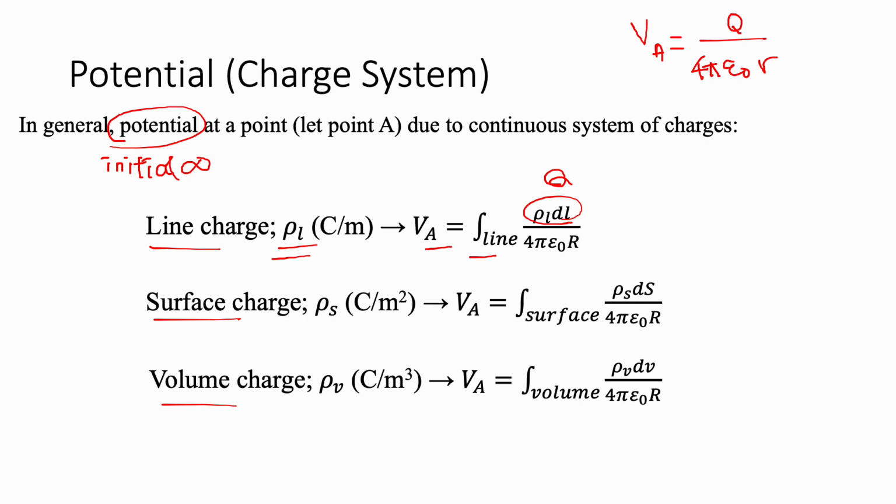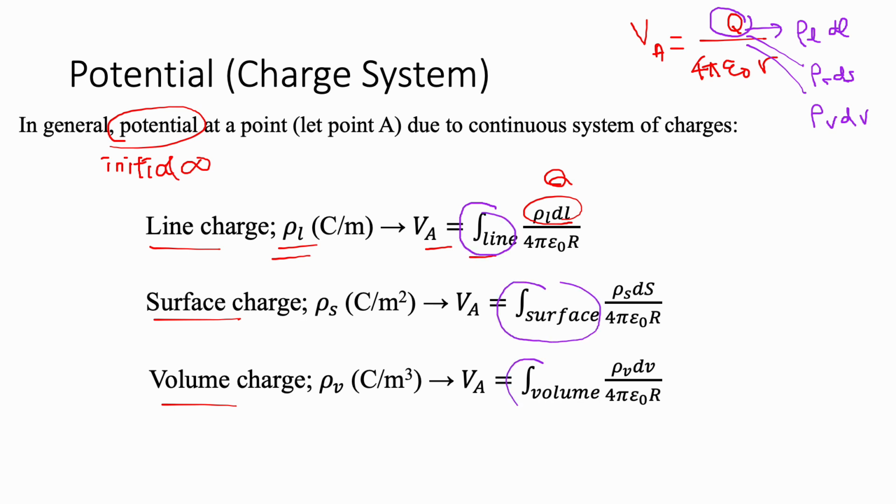So for other charges, you just need to replace the Q with other charges. For example, for line charge, you replace it with rho L dl. For surface charge, it's rho S ds, and for volume charge, it's rho V dV. And to measure the total, don't forget to put the integrations.